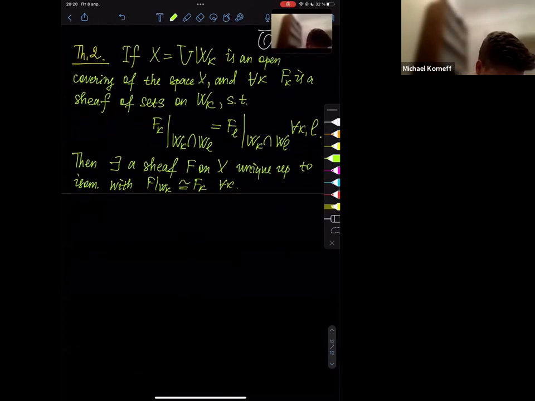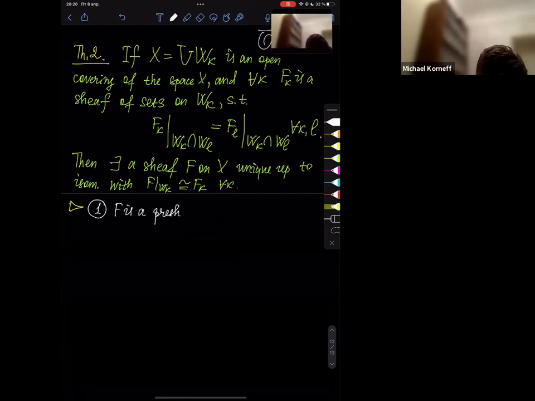Let's prove this theorem. First of all, we should understand that F is a presheaf. The first step: F is a presheaf.